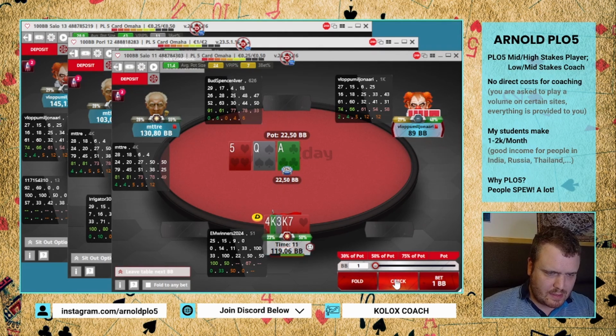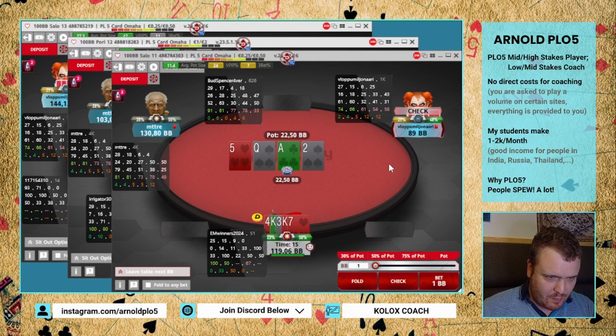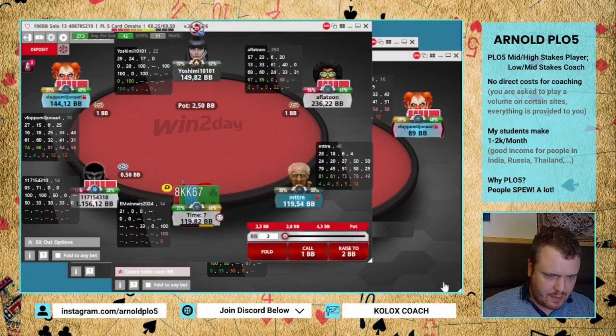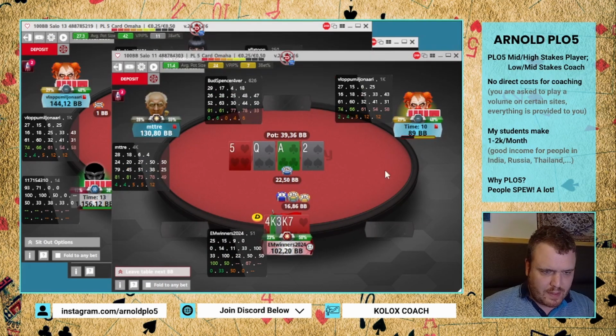Interesting that he doesn't bet, but I don't bet here at all. Could be a slow play, and this is the best card that can come. So should I bet here? Probably has slow played aces.